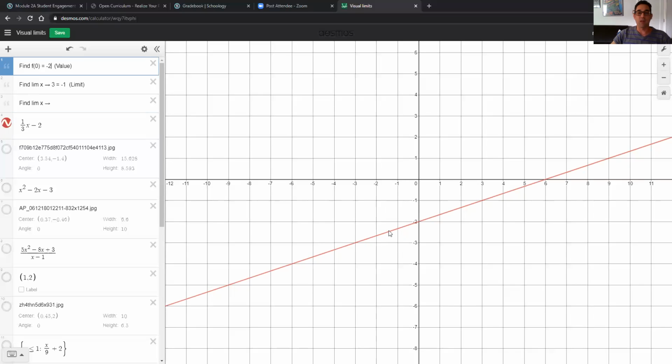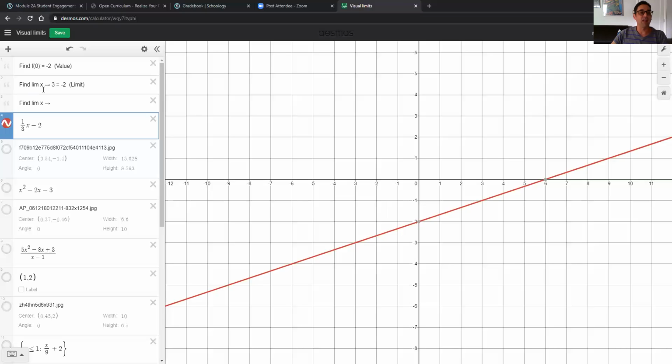And if I ask what happens as you approach 0, what happens to the y value? The y value becomes also -2. The limit and the value are 95% of the time the same thing. So it's just two different ways of asking the same thing.